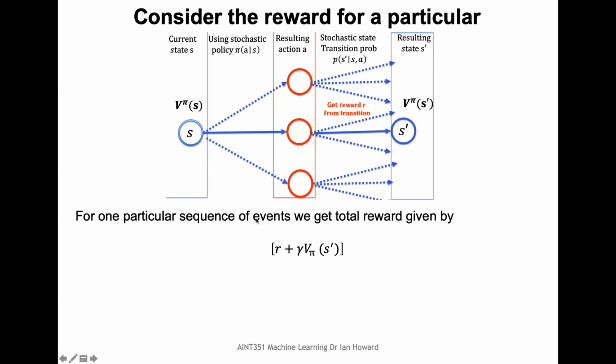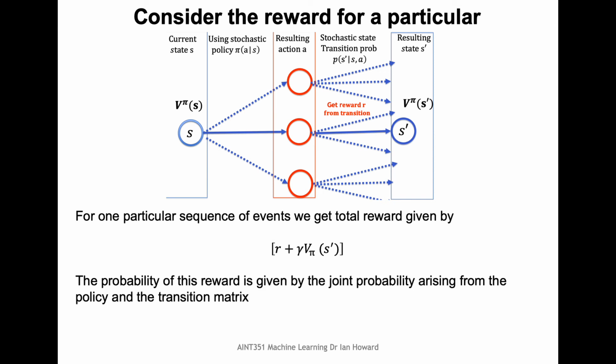So that's the reward we get from one particular sequence of events. But there are lots of possible sequences of events. In fact, there's a joint probability of where we're going to end up, and that's given by the stochastic policy, the probability distribution due to the policy, multiplied by the probability distribution due to the transition probability.